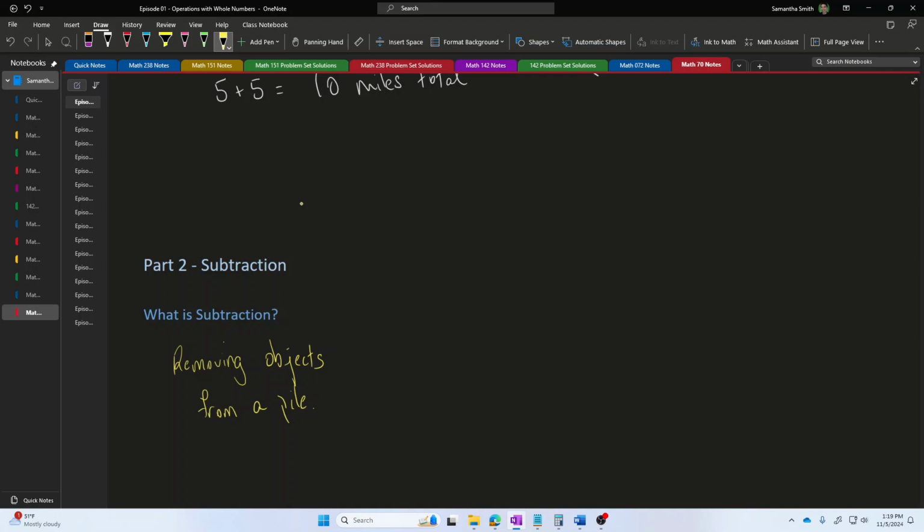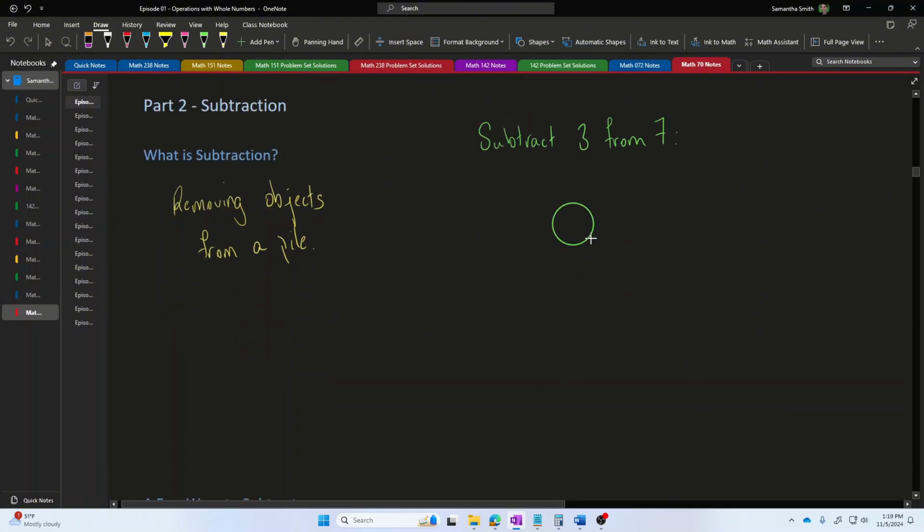For example, if I asked you to subtract 3 from 7, the action that I'm describing by that is taking a pile of 7 objects and removing 3 of those objects from the pile.